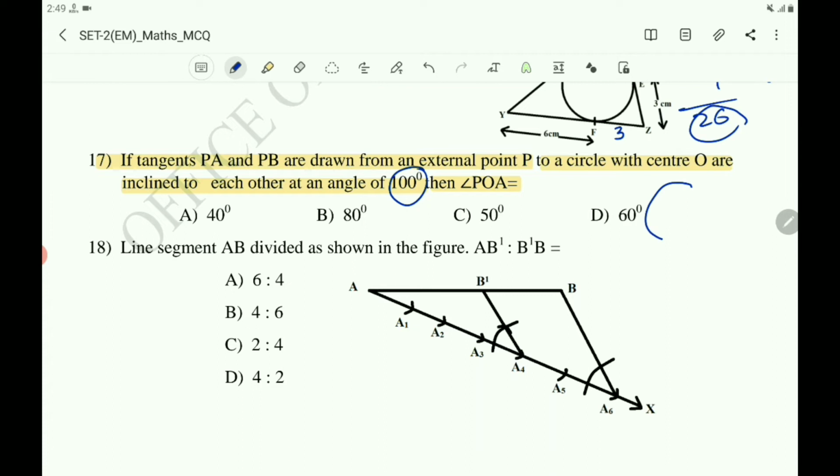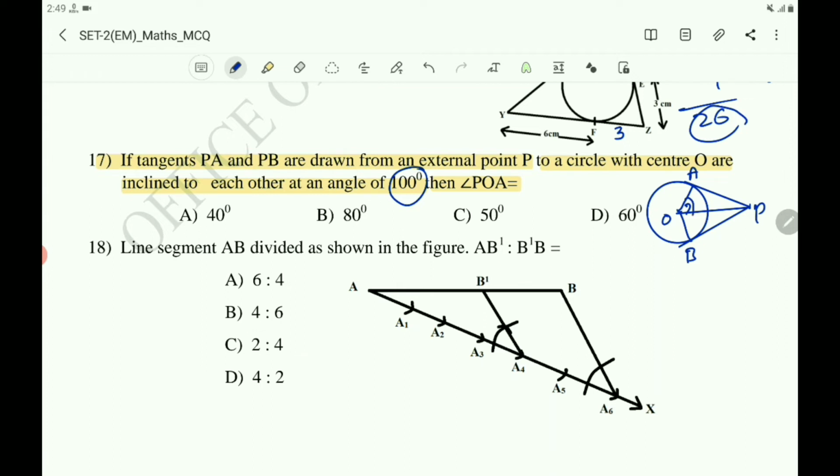But here let us observe the figure. So here consider PA and PB. This is A, this is B and this is the point O. P is the external point. Now what we have to find out? We have to find out the angle POA, this angle.